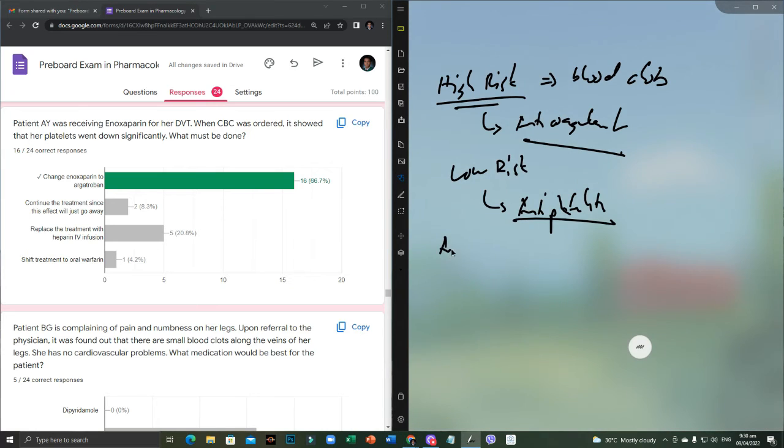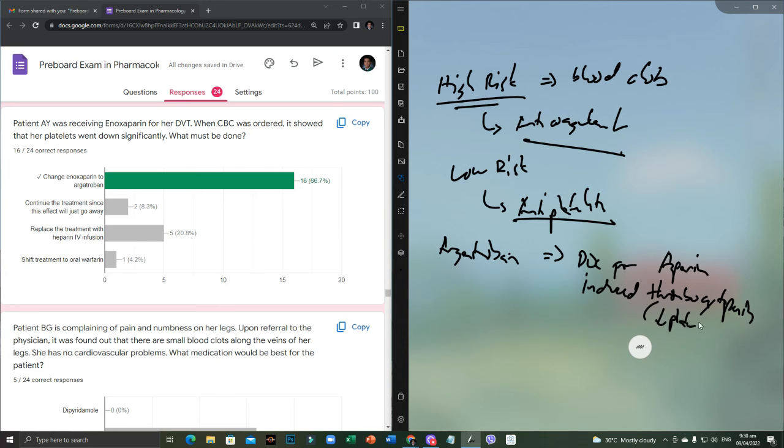So argatroban. Argatroban, DOC for heparin-induced thrombocytopenia, which is a decrease in platelets.